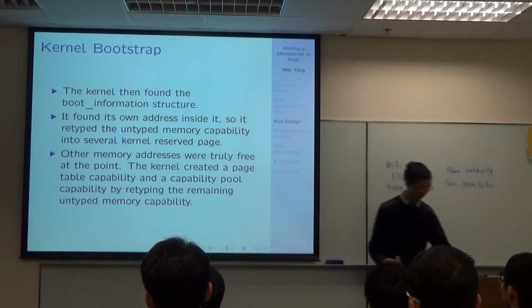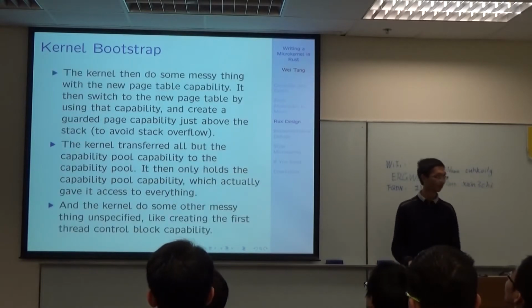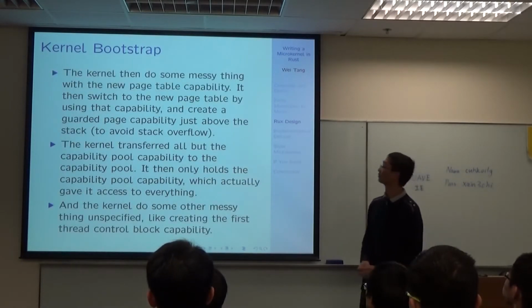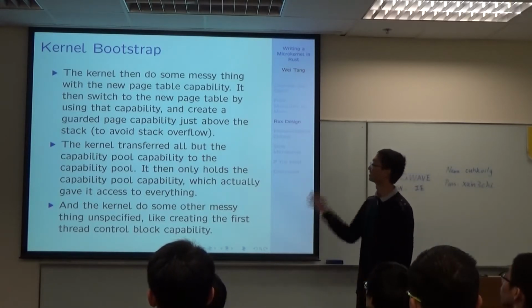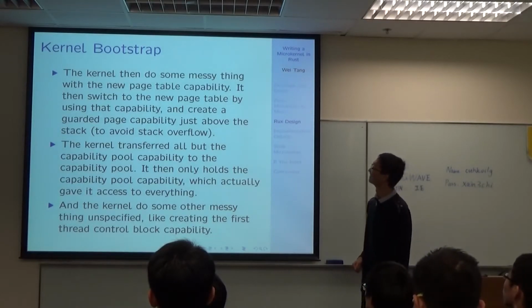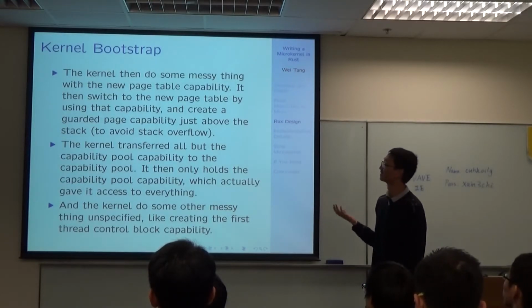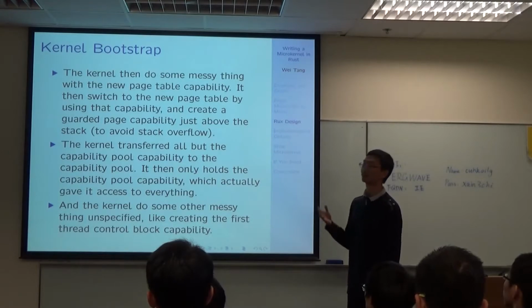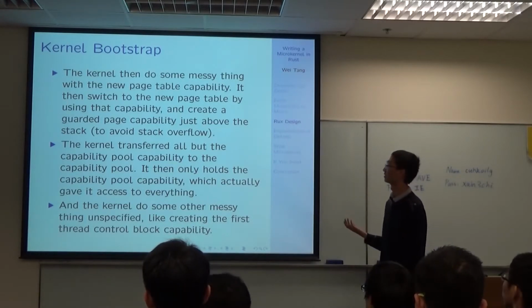And then it needs to do some messing with the new page table, but let's skip that. It's very messy. It then switches to the new page table, and then maps the capability pool capability again.